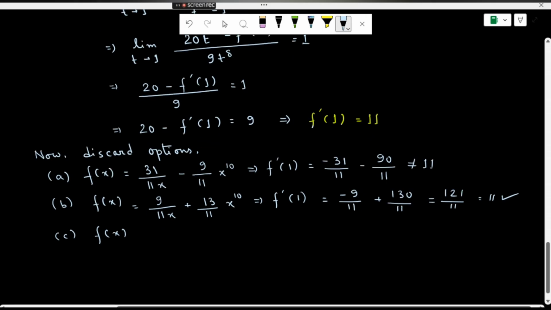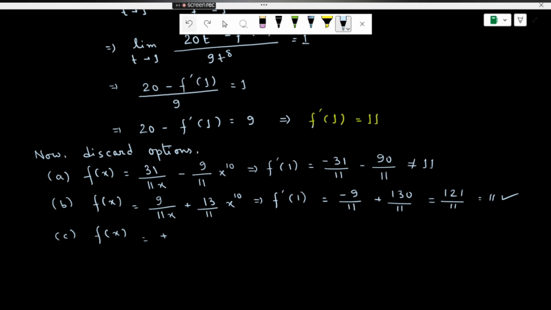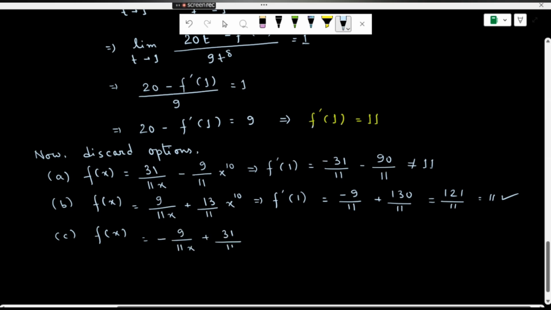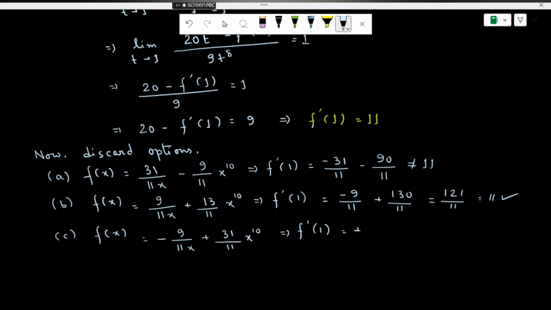Still, we should check options C and D. For option C, f(x) equals minus 9 by 11x plus 31 by 11 into x to the power 10, which implies f dash 1 is equal to plus 9 by 11 plus 310 by 11, which is obviously not equal to 11.